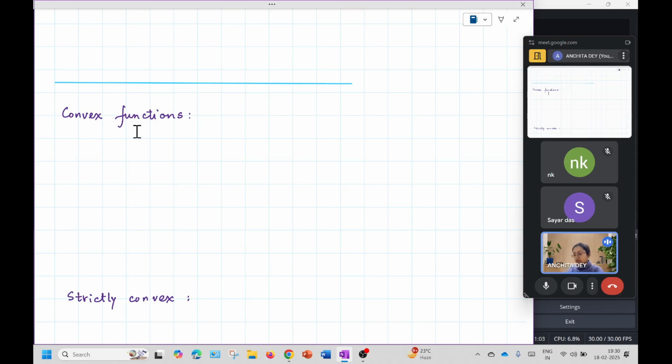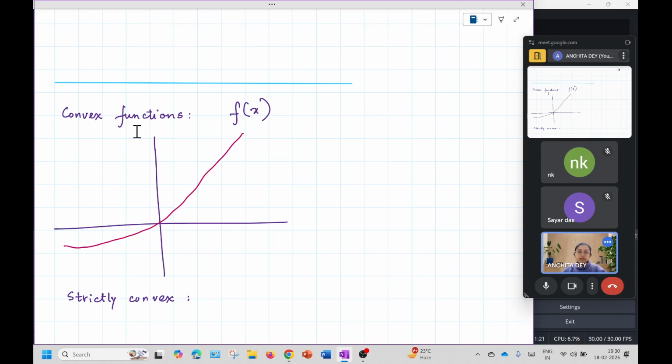So a convex function, say a function is given to you, f of x. Let me just show it graphically first. Say this is a function given to you.